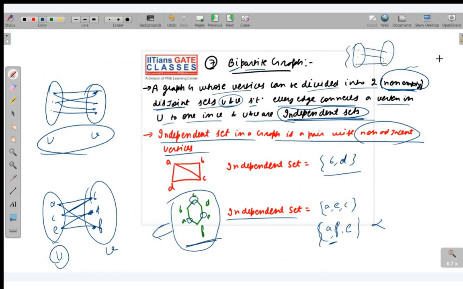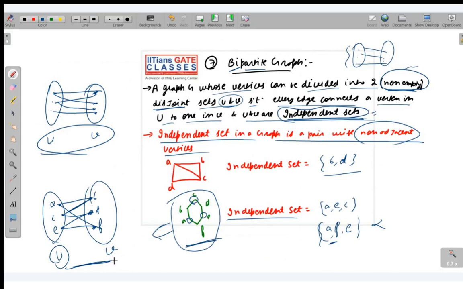Sir, the last term, that U and V are independent sets. Here in the example at the bottom left corner, sir. Yes, just because we have considered U and V as independent sets. In the example they have given A, B, C, D, and AC is connected, D and B are not.